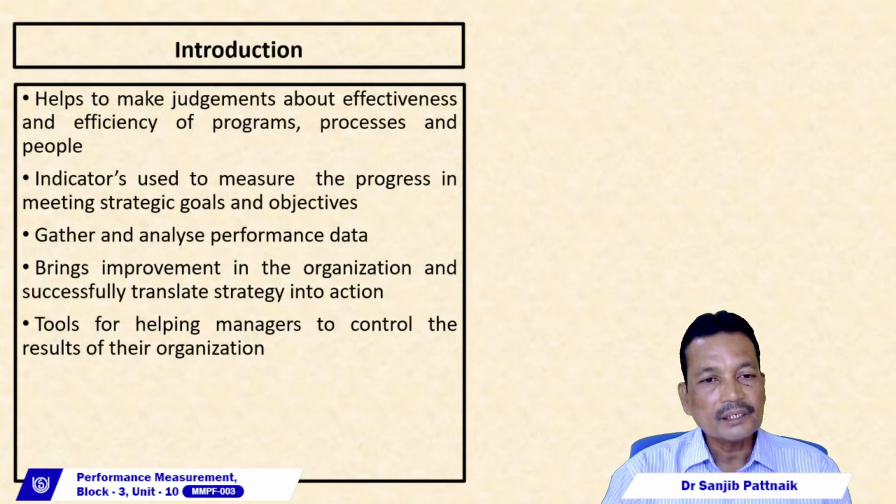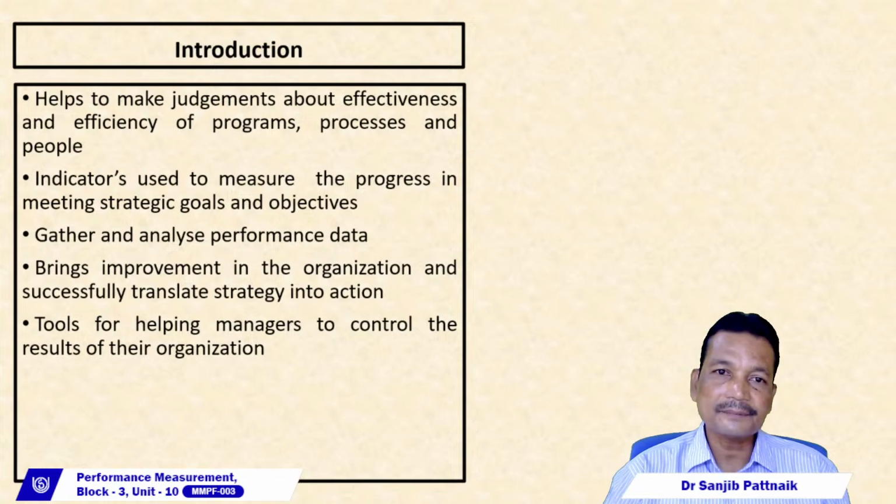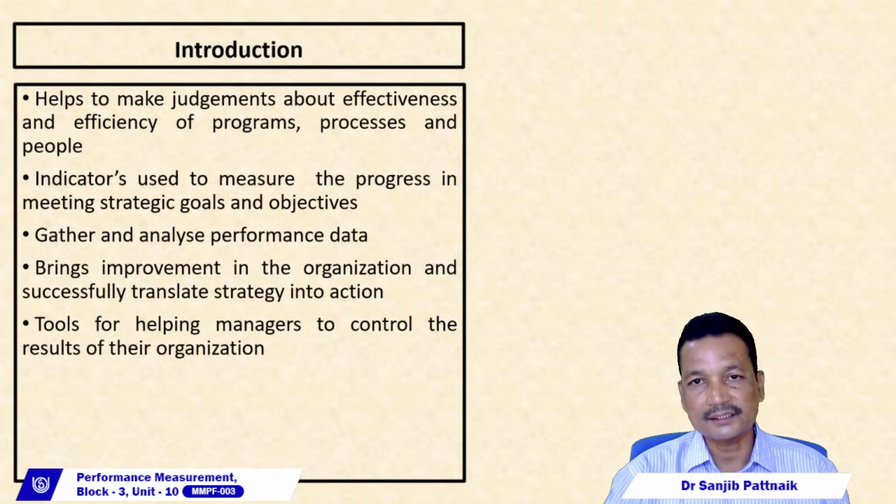When we have performance data and we can analyze and get some results, this helps the management to bring improvement in the organization. How can we improve it? By taking necessary corrective steps and successfully translating strategy into action.